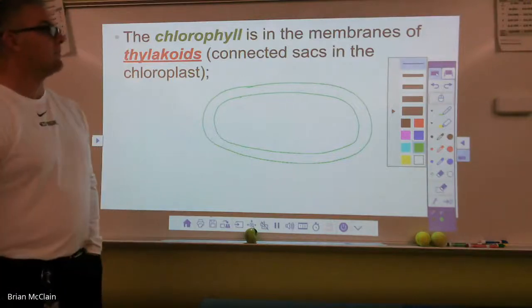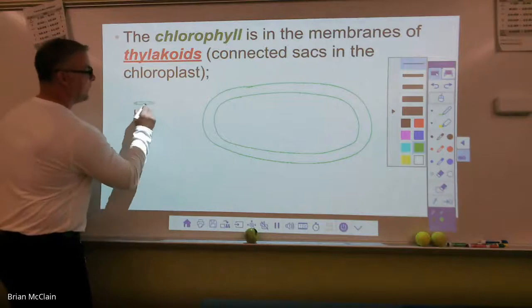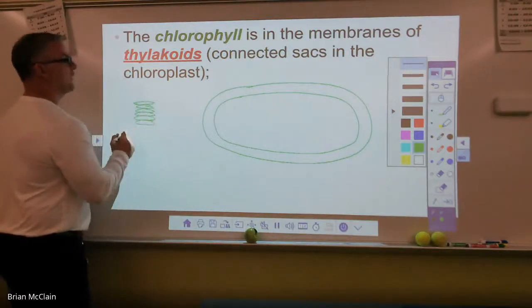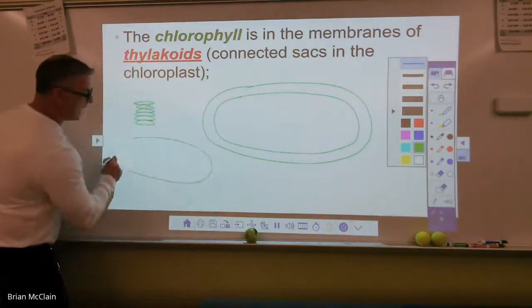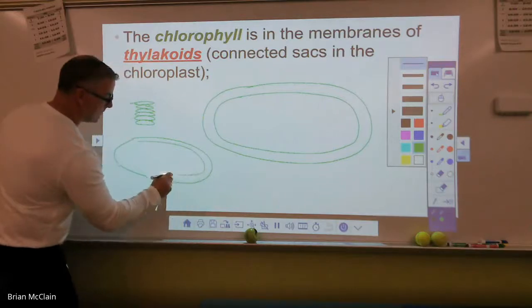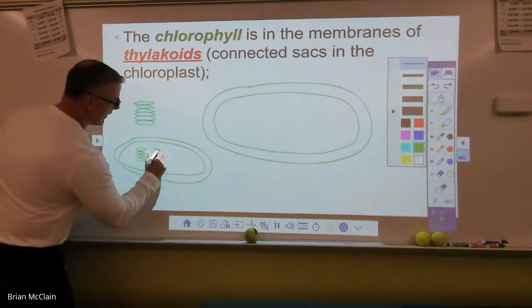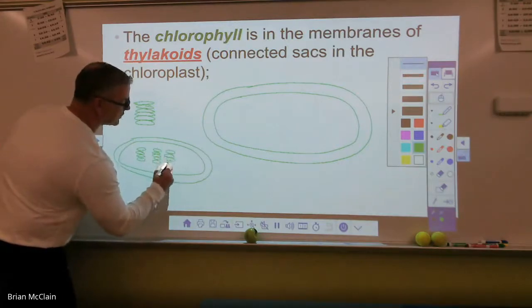Okay, so if this is a thylakoid, they tend to stack up kind of like this within the structure of the chloroplast. So if I were showing you the overall chloroplast right here, I would have these stacks of these thylakoids embedded within the internal area of the chloroplast.